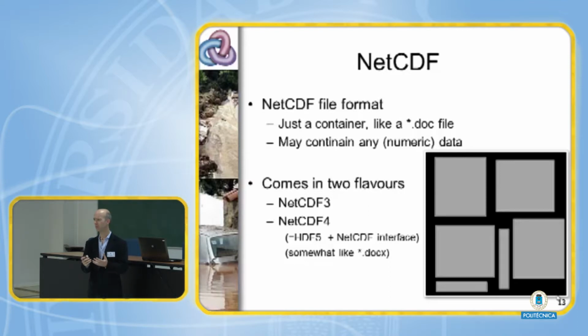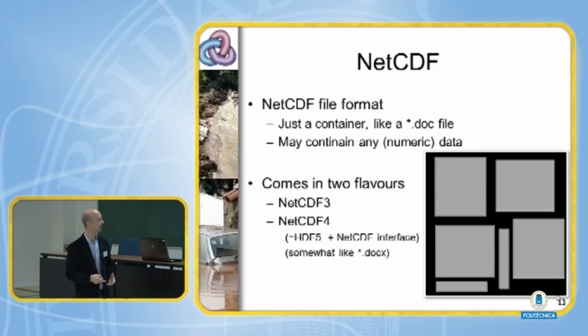So it's somewhat more like the docx file format of Word. If you've used it, actually it's a zip file containing all kinds of other simple files. So HDF5 is then the basic file format, but NetCDF adds something to it.